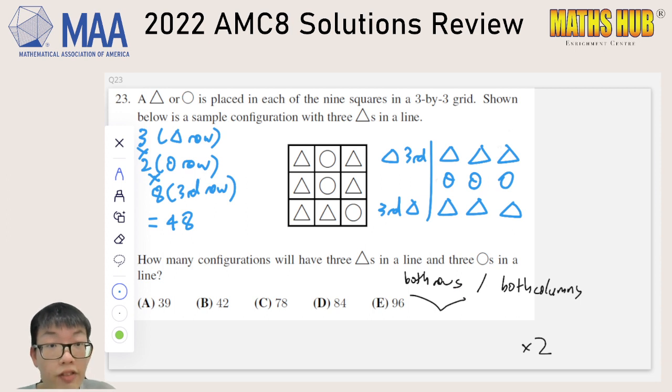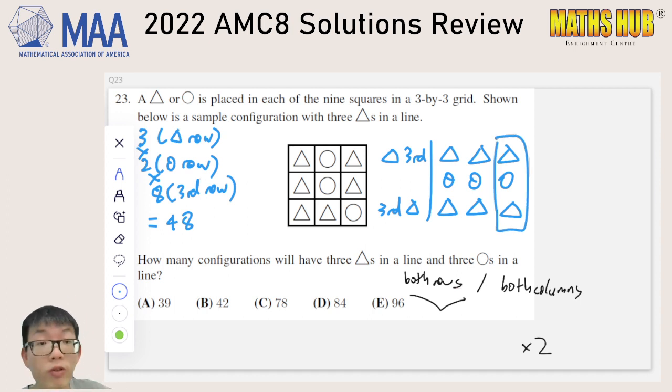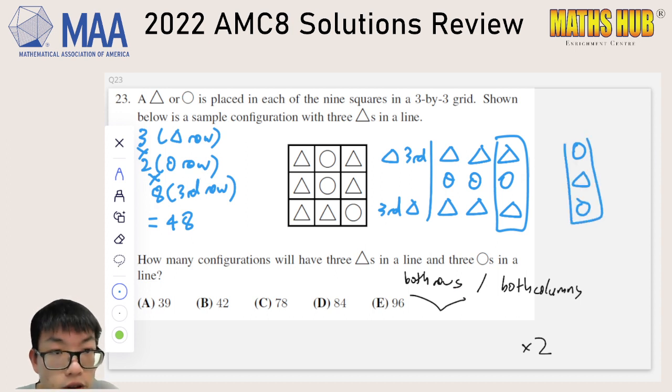Now each of these cases where you have got triangle, circle, triangle occupying the whole row, or vice versa, circle, triangle, circle, would have been counted twice. There are 3 ways in which this one can happen.